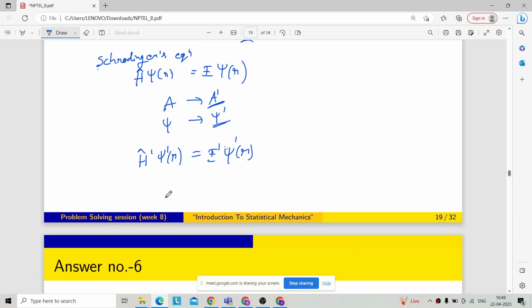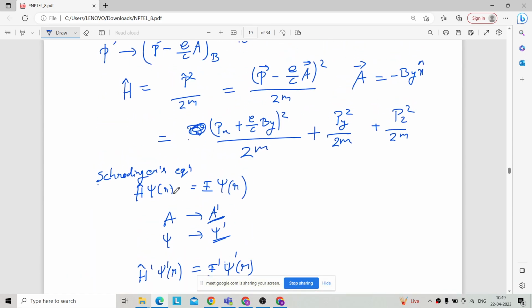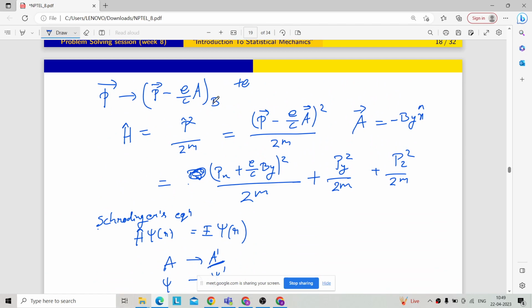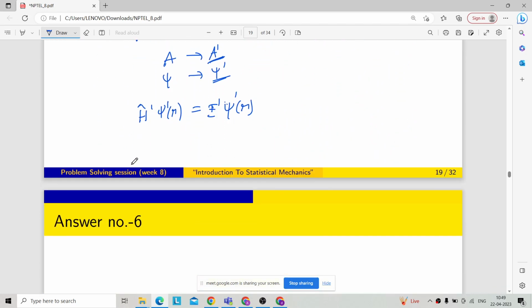Okay, H prime I have, let's take this form, H prime as (p minus e over c A prime) square divided by 2m, as this A is transformed into A prime, right?